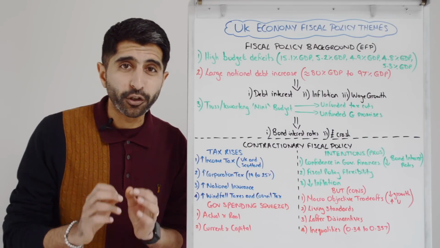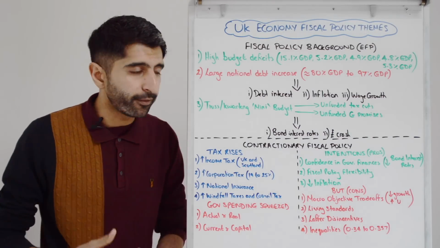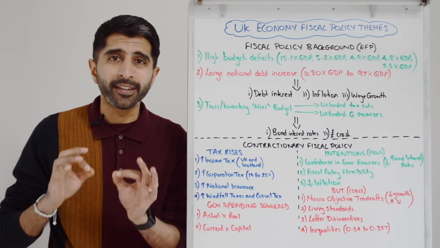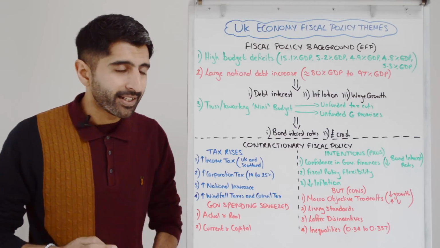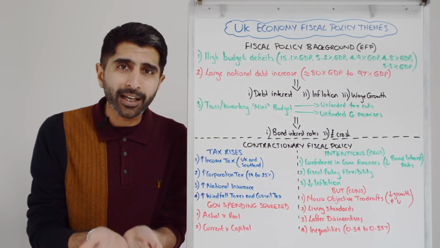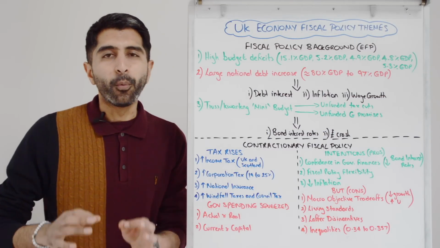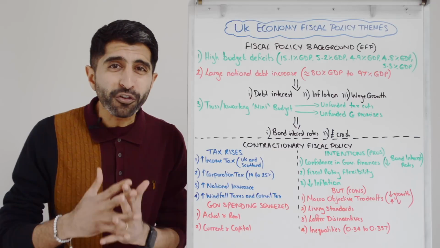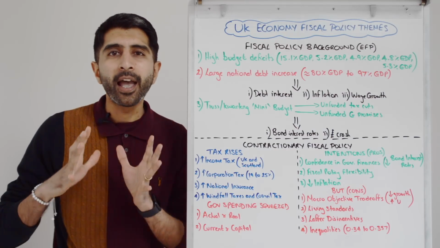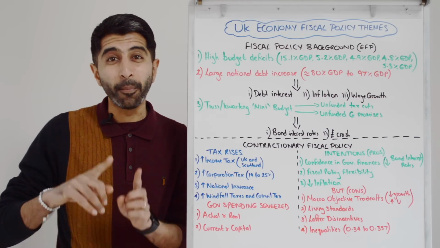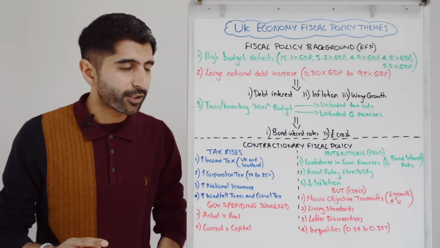And the major branch of contractionary fiscal policy that the government is using is tax rises, and mainly direct tax rises. For example, income tax has increased, not explicitly, by stealth, with the Chancellor committed to freezing the income tax bands in our progressive income tax system all the way through to 2028.